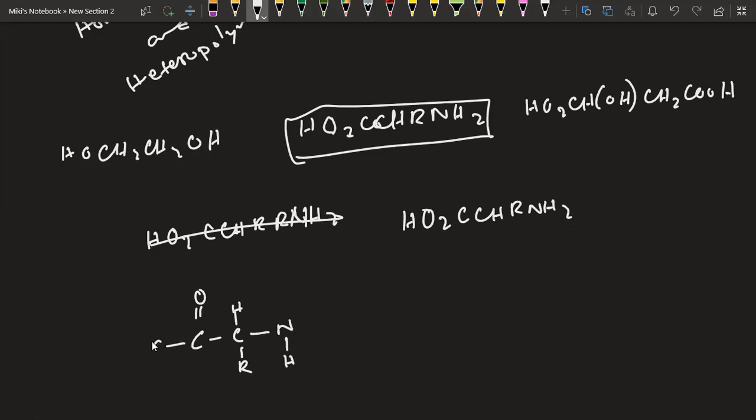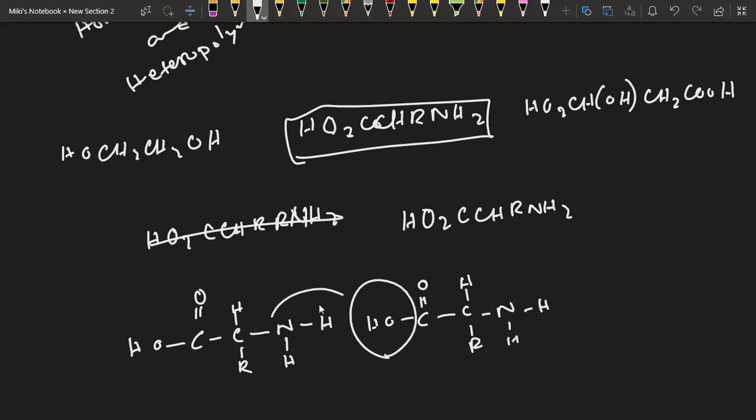Now, if this is a molecule, NH, and we have another same-looking molecule, what happens? This acid reacts with this amine, isn't it?